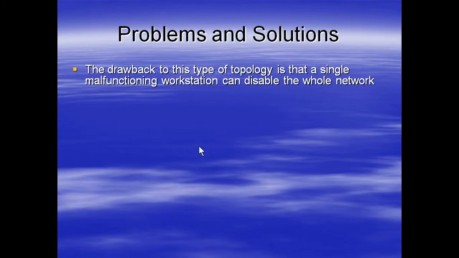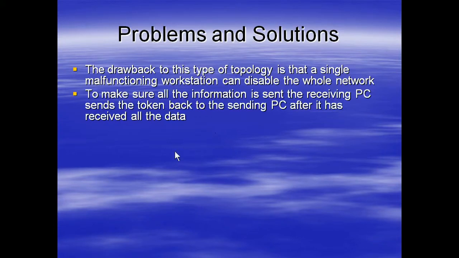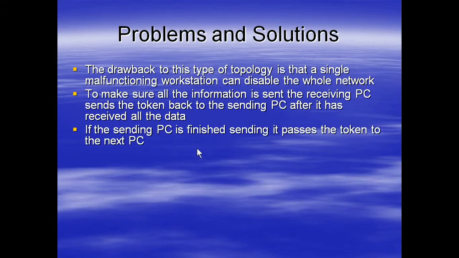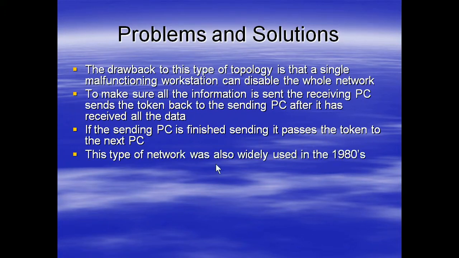Again, a malfunction of the wire or cable will bring the network down. One more thing: if the sending PC is finished sending, it passes the token to the next, but the PC which is waiting to pass more data, which has priority, is not considered.